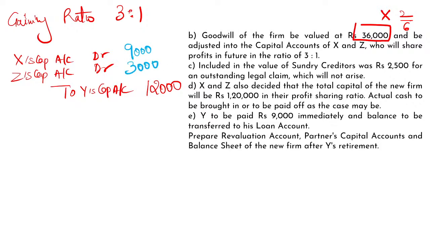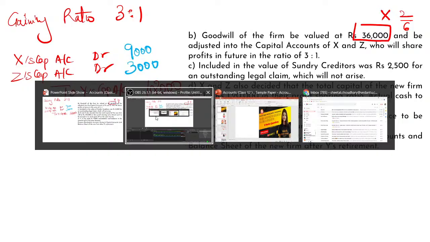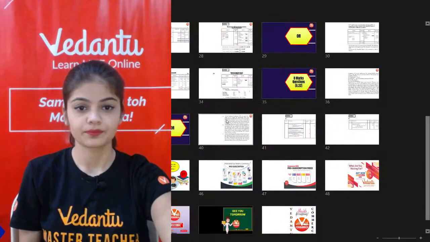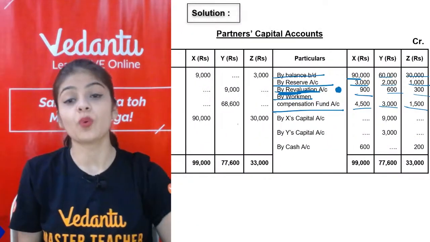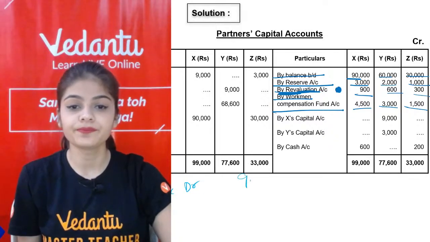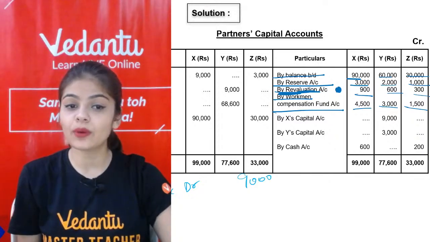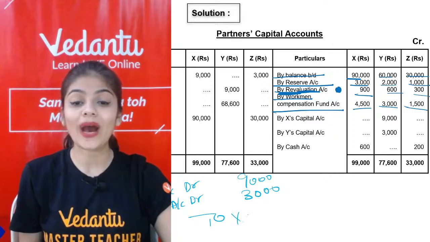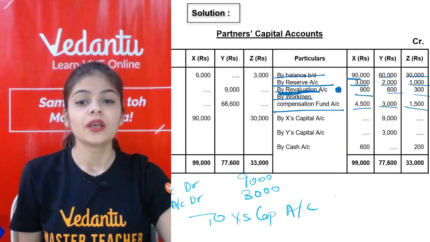So now we will prepare the capital account. The entry was X capital account debit 9,000, Z capital account debit 3,000, to Y's capital account 12,000.